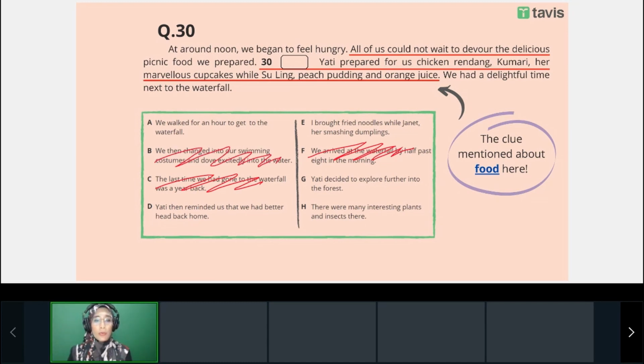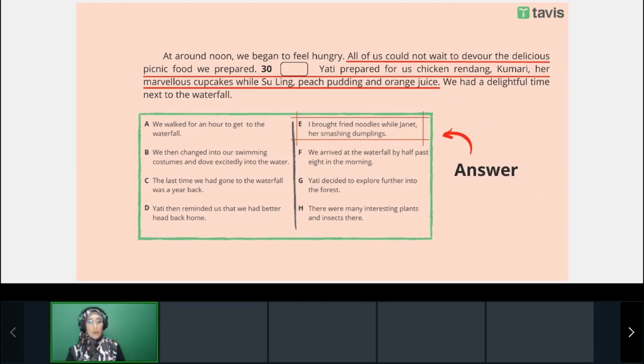Okay, so we are now left with A, D, E, G, and H. So which one says about food here? Which one? If you got E as your answer, well done to you. It's all about food here. So it's pretty simple for this one, pretty straightforward as well.